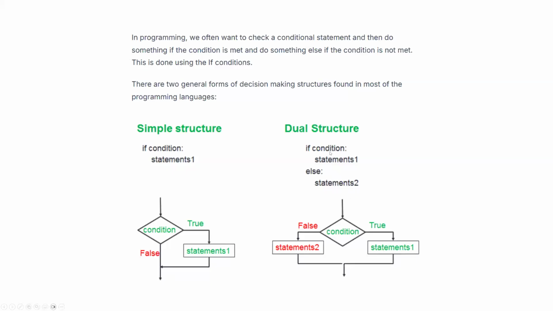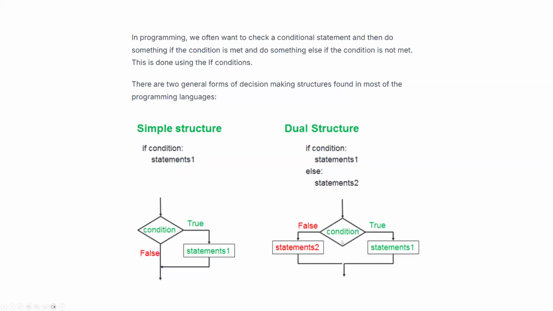For example, if our condition returns true, we run this code area, and we see the statement 1 declaration here. If the answer is false, if this condition is not true, we will run this else block, as you see. So in this part is statement 2. Let's see the difference between them.